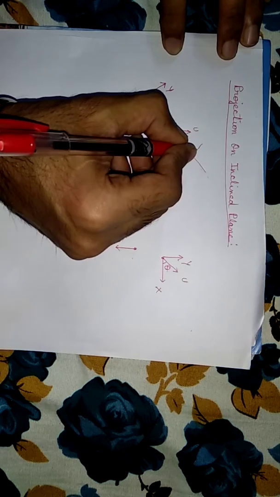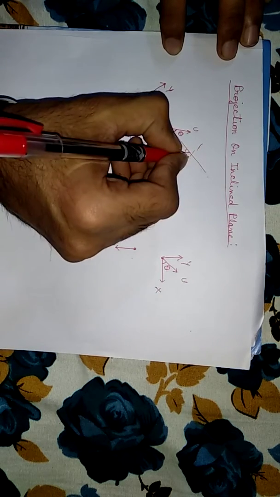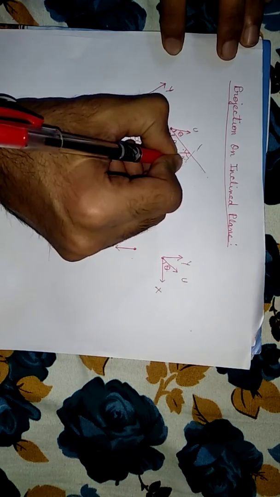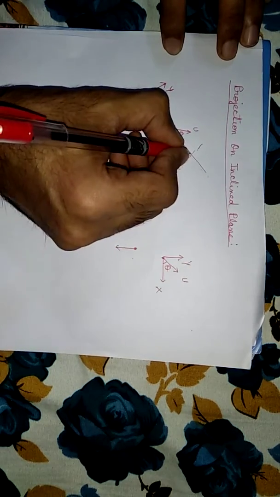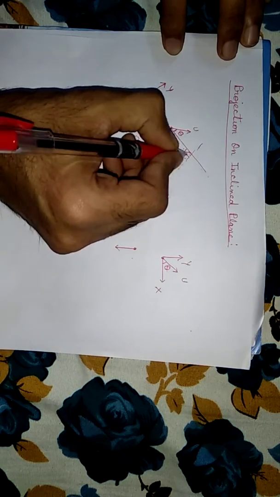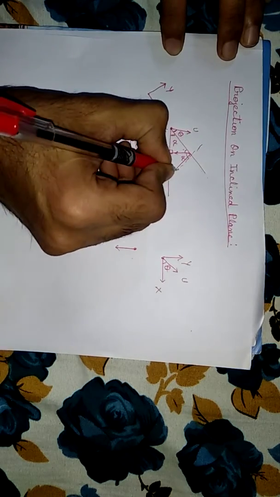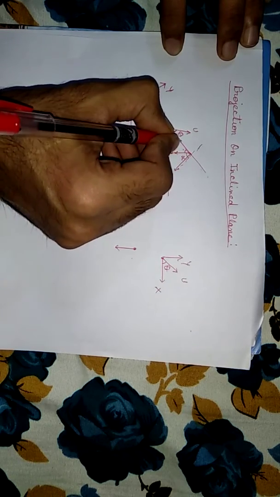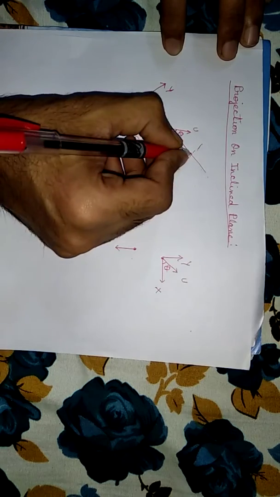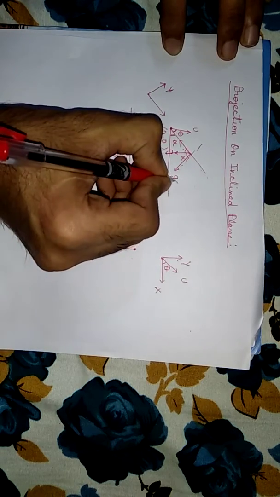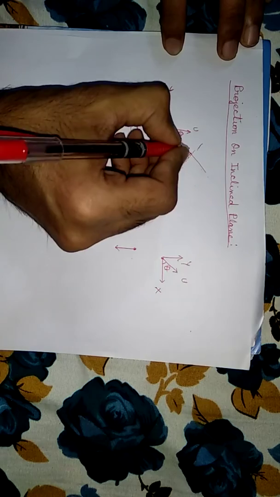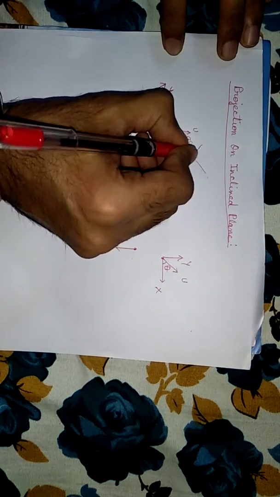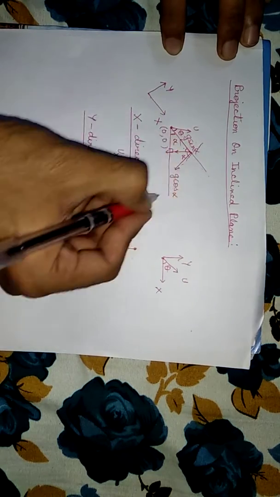If I draw a perpendicular, then again if this angle is 90 minus alpha, this angle will be alpha. So I can resolve gravity into two components, one perpendicular to the inclined plane and another along the inclined plane. The component perpendicular to the inclined plane will be g cos alpha, and parallel to the inclined plane will be g sin alpha.